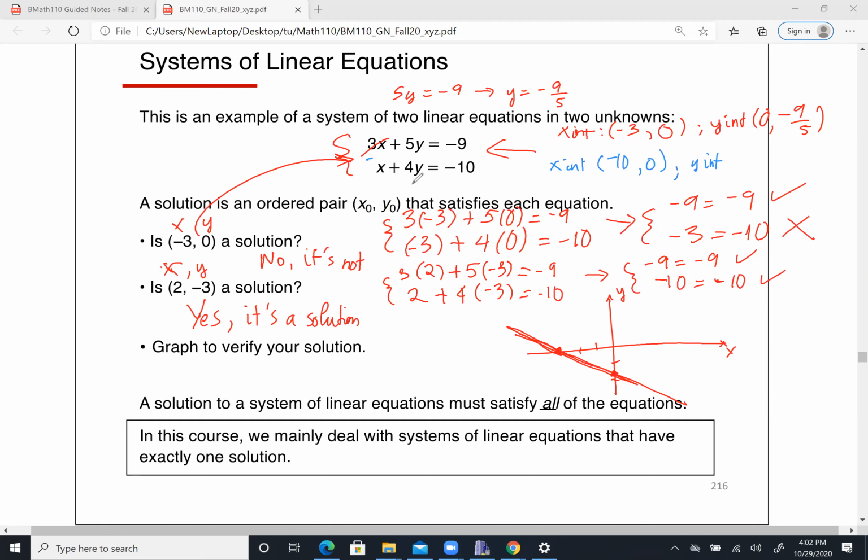For the y-intercept you need x equals 0, so this term is gone, and y will be equal to -10 divided by 4, and that will give you -2.5. So (0, -2.5) is the y-intercept. So the x-intercept is -10.